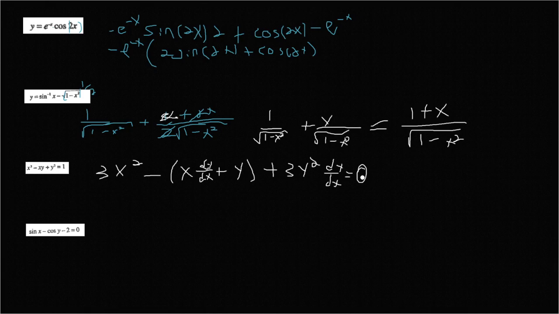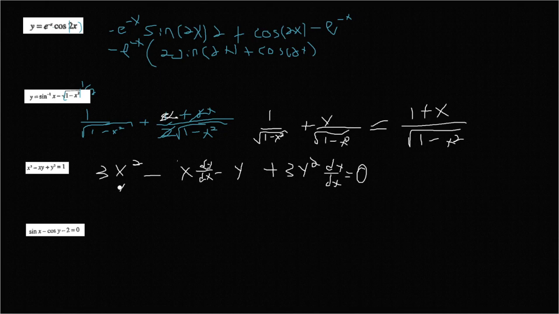But we need to solve for dy/dx. So we're going to now just distribute this negative sign here. And now we can get all of our things without dy/dx as a coefficient to the other side.